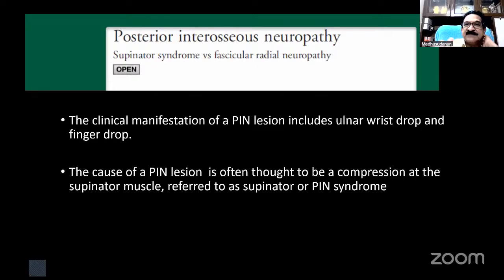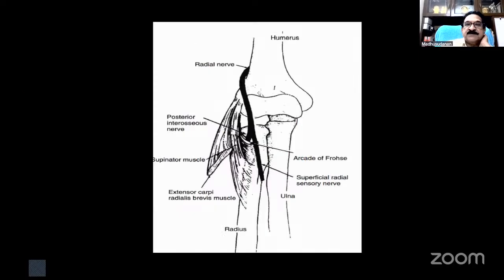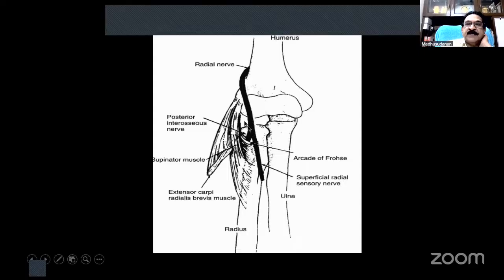That is the point for which I searched the literature to find out whether such a thing can occur or not. So in this particular article, the clinical manifestation of PIN lesion includes ulnar wrist drop and finger drop, as you have already seen. The cause of PIN palsy is often thought to be a compression at the supinator muscle, referred to as the supinator syndrome or the posterior interosseous nerve syndrome. This is the arcade of Frohse, where you can see the posterior interosseous nerve going behind the arcade of Frohse, where it is likely to get compressed.